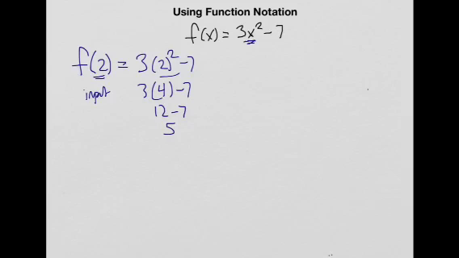Minus 7 is 5. So I would read that as f of 2 equals 5. If my input is 2, my output is 5. Or there's my x, here's my y, if I'm looking at this on a graph.